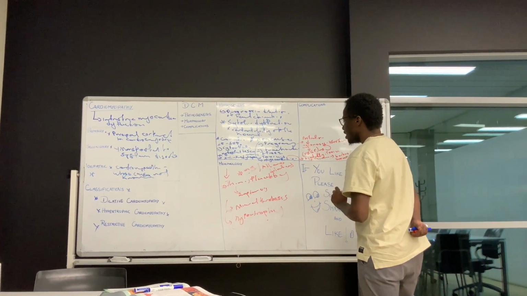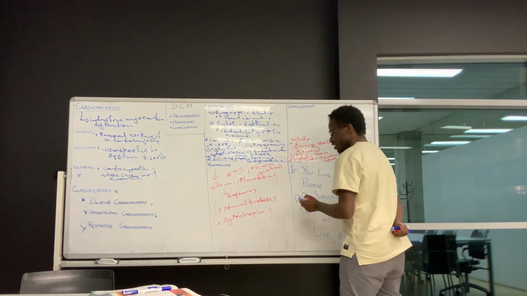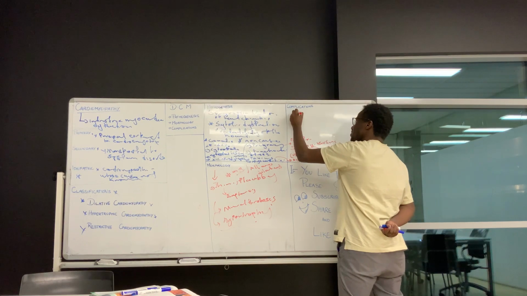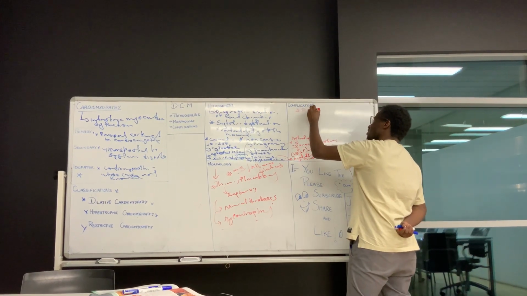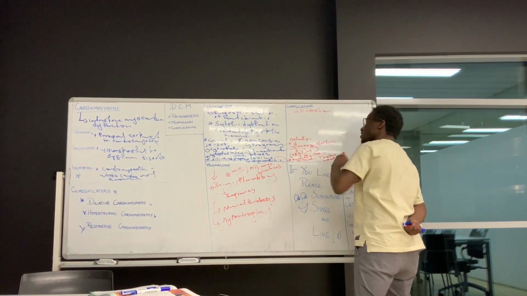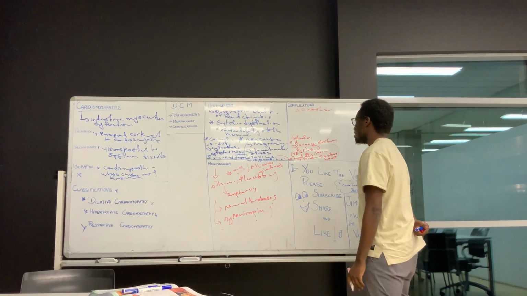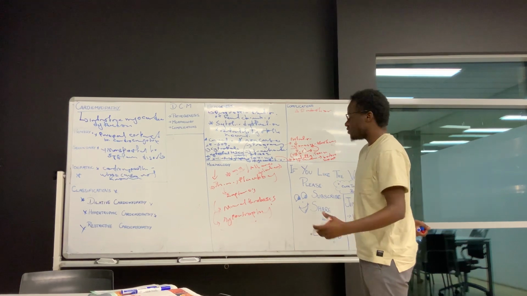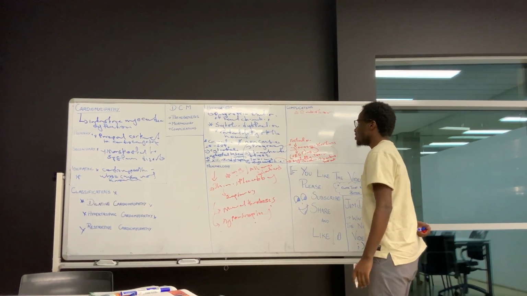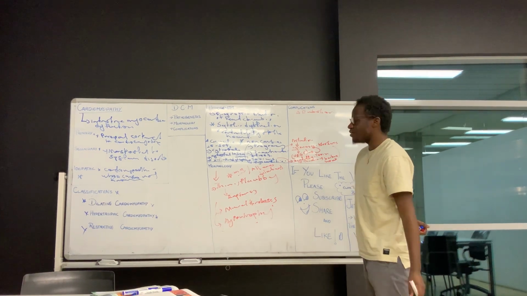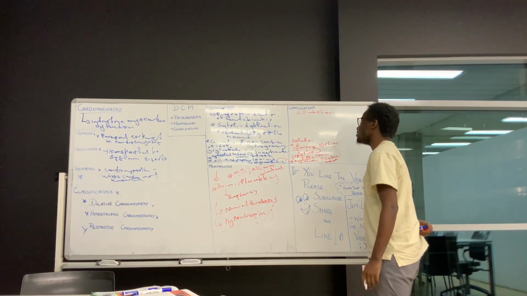As a result of mural thrombosis, definitely you can expect embolism. Depending on the ventricle of the heart that formed the thrombosis, you can end up with different complications or infarction in different places.